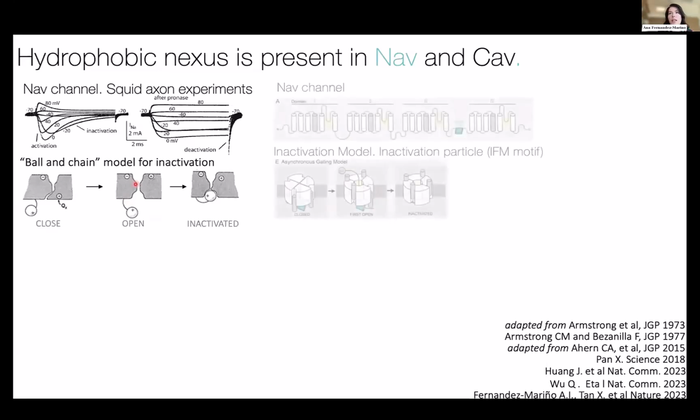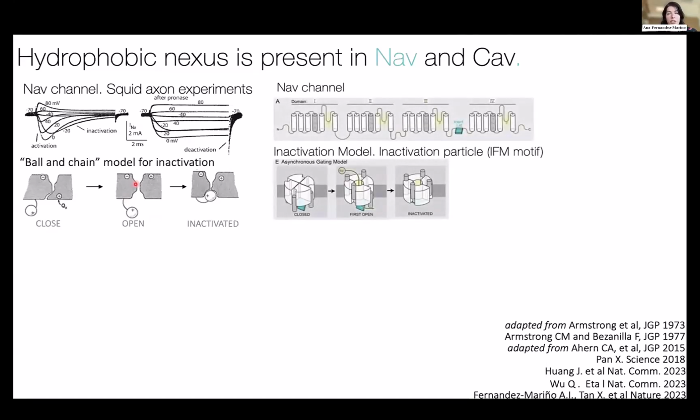So this was the model that was adopted for sodium channel inactivation. And the intracellular inactivation particle was later described as this IFM motif, named for the residues that form it. And the model was that this IFM motif, this inactivation particle, will actually block the pore and stop the sodium flow.